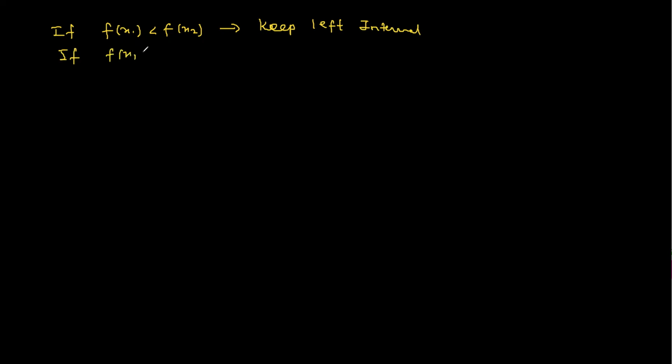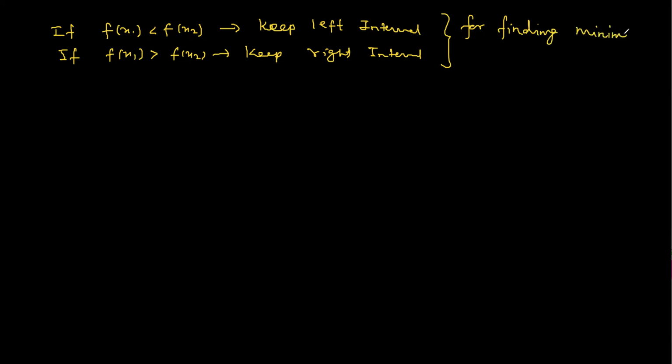If fx1 is greater than fx2, keep the right interval and discard the left interval. This is for finding minima. Very important. For finding maximum value, just do the opposite. For maxima, keep the right interval and discard the left interval. Okay.